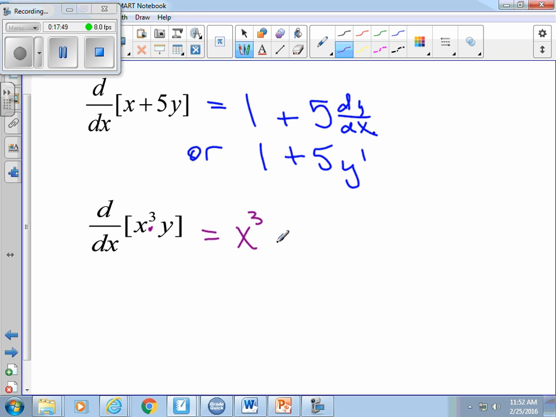Y prime or dy dx, either way. Plus right times the derivative of the left. Good. And you can write that in either order, Paxton. It doesn't matter. So moral of this story: if you take a derivative of anything other than x, you have to have a prime.